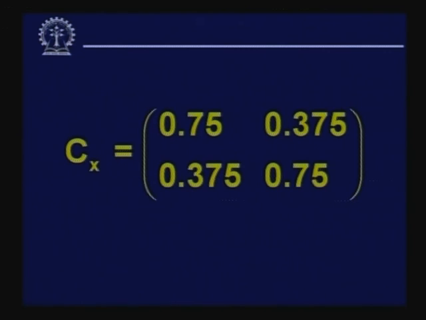Now, once we have this covariance matrix, to find the KL transformation we have to find the eigenvalues of this covariance matrix.